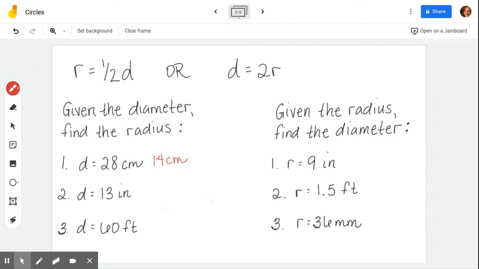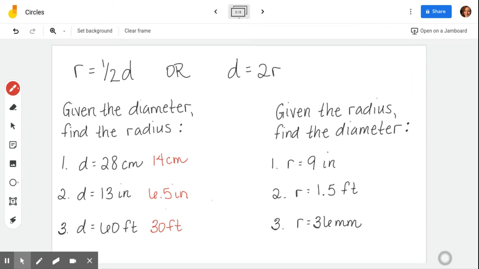Oh, goody, it's not writing. There we go. And then on number 3, for the diameter, all the way across is 60. So the radius halfway across would be 30. Let's go the other way. Number 1 over here on the right half of the page. If the radius halfway across is 9, the diameter all the way across, double that, it's 2 radii.